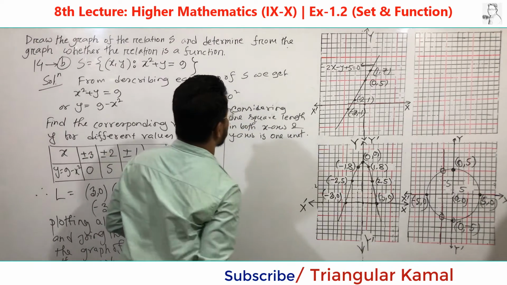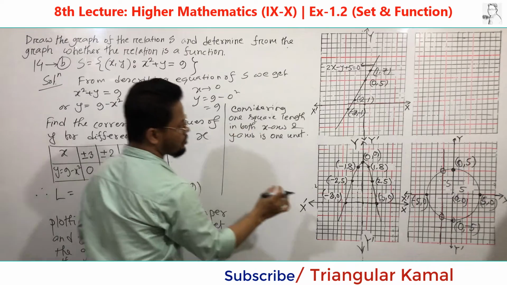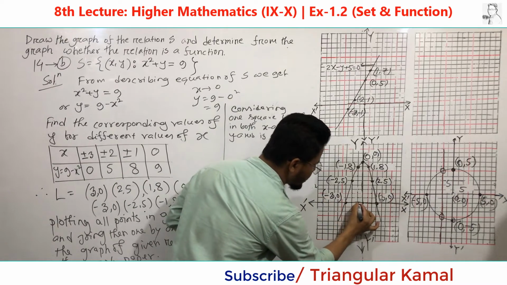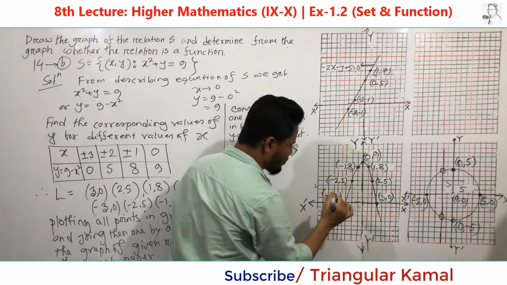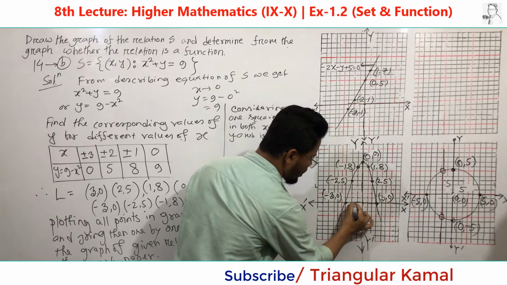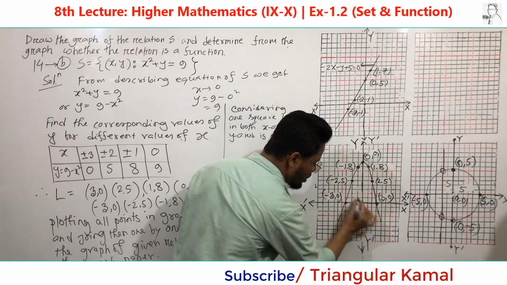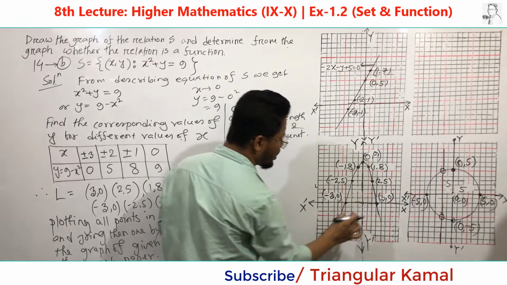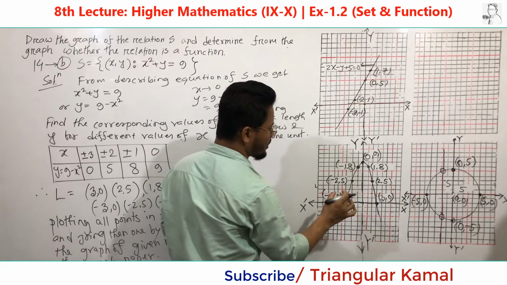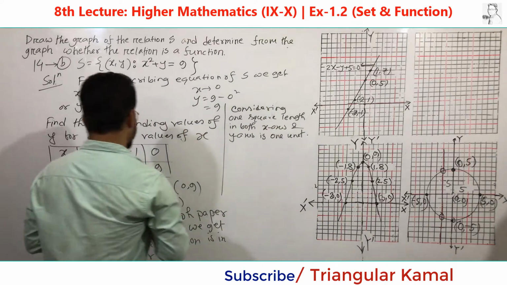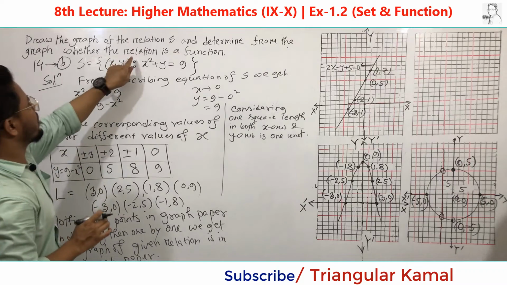Explaining the graph, considering 1 square, that means 1 square length indicates 1 unit, like -1, -2. So 1 square length is 1 unit. So now give attention to the second part.